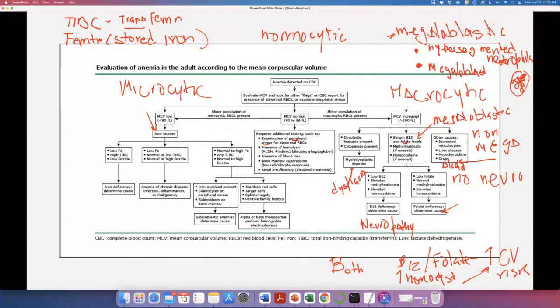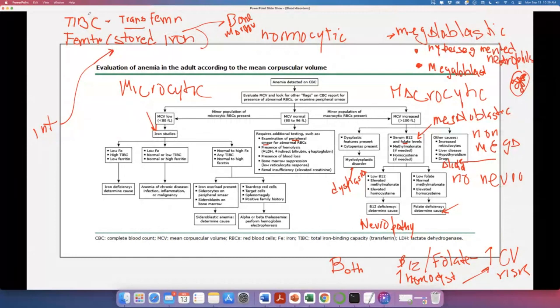Transferrin transports iron. It is a protein that transports the iron from the intestine to the places where we store it, and from there may transport it to the bone marrow, for making red blood cells. So when you measure transferrin, you measure the amount of iron that may be traveling in the blood. Ferritin is the amount of stored iron.